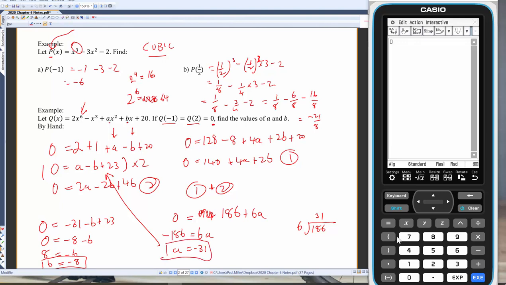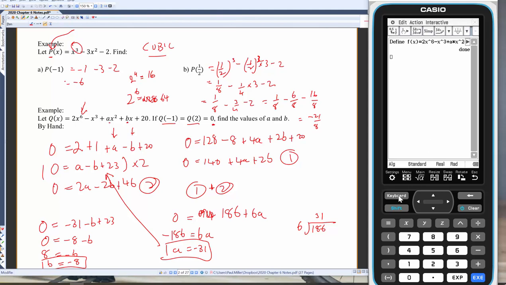Okay, so this is a problem that really lends itself to CAS as well, and it's a common methods multiple choice problem. So here's how we're going to do it. We're going to define our function: 6 take away x cubed plus a times x squared plus b times x plus 20.